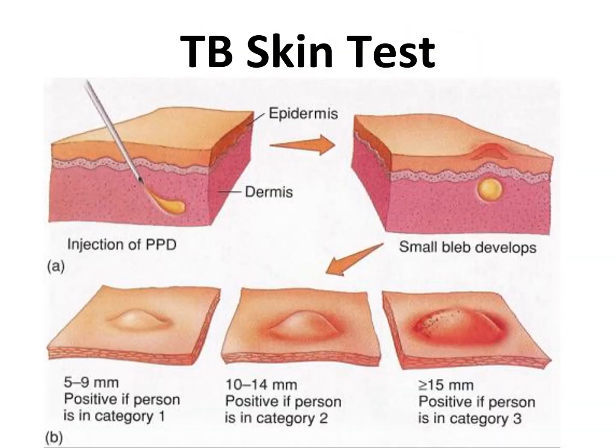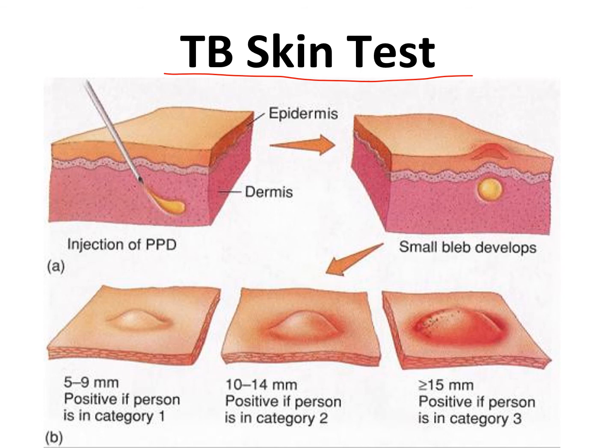Type 4 hypersensitivity is also the basis for the TB skin test. So the tuberculosis skin test, this is testing to see if your immune system will recognize tuberculosis antigens.